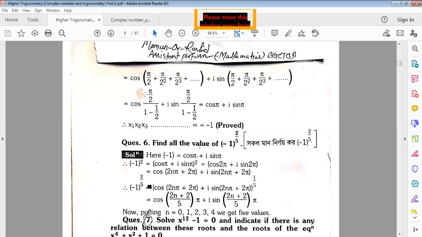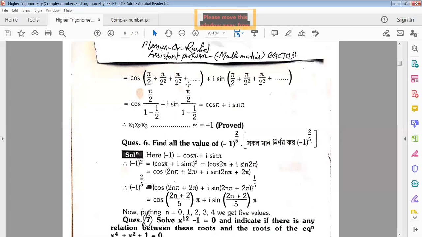How do we get the common ratio? Common ratio equals to second term divided by first term. If we divide the second term by the first term, we get only half. Or third term divided by second term, this is the common ratio. That means the common ratio for both cases is half.